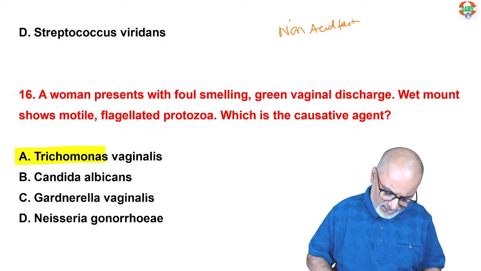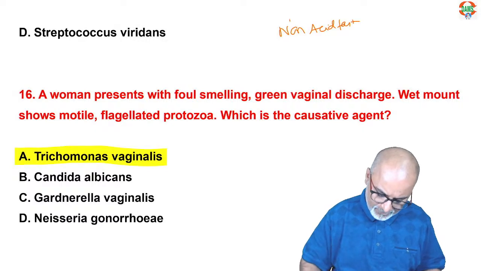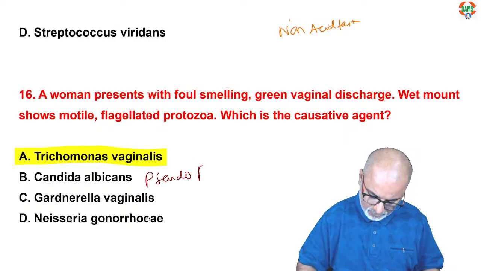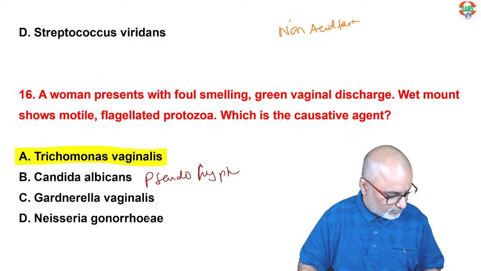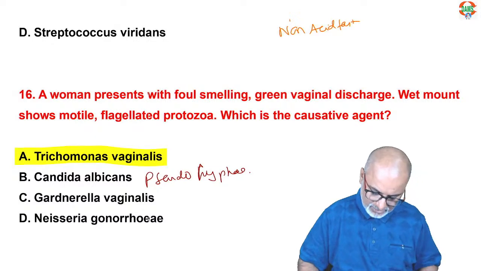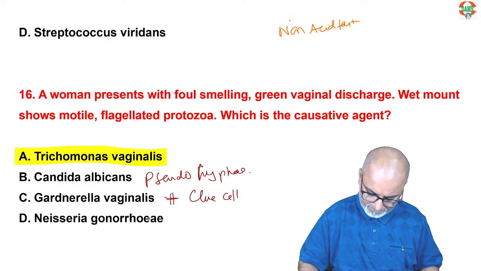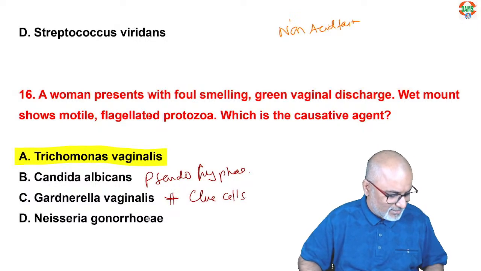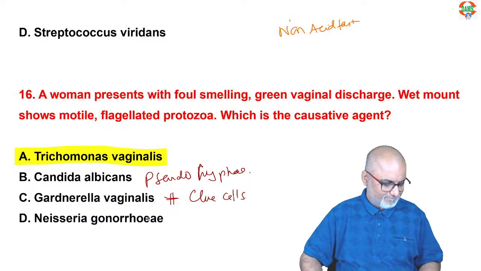It is Trichomonas vaginalis, because Candida albicans has pseudohyphae and Gardnerella vaginalis has clue cells.